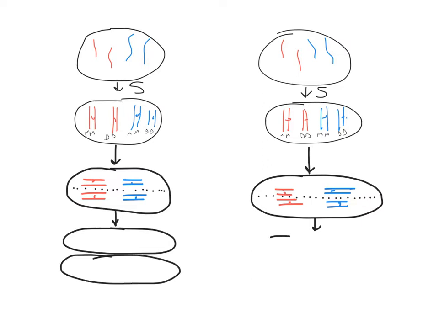Cleavage plane, or cleavage furrow, where the cells divide. That's cell biology, you don't need to know that for this class, but it's where the cell is going to start dividing, the cleavage plane. It's where the cell cleaves.